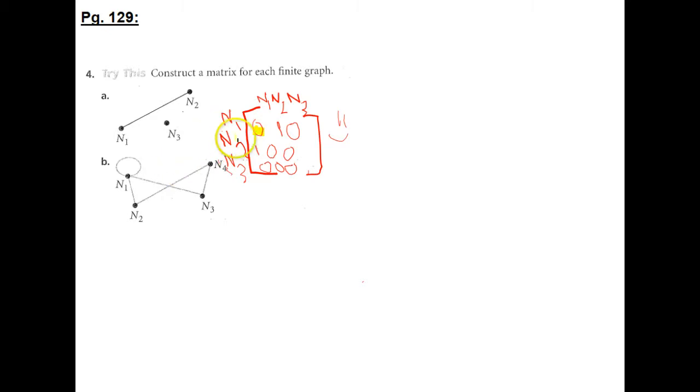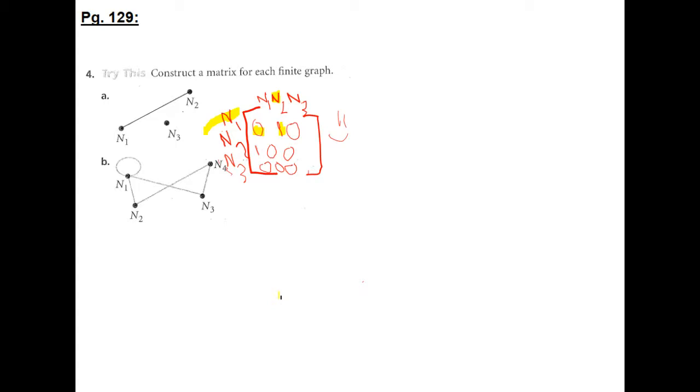That 0 would represent nothing between N1 and itself. Then we go to N1 to N2, so this guy right there to that guy right there. N1 to N2, we've got a 1, and that means there's a path between N1 and N2. Good? I'm going to put Gabby's up here just because it's a little neater. Nothing wrong with Jordan.